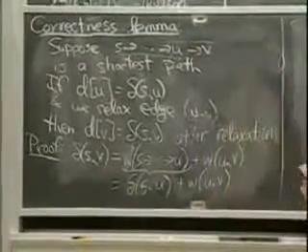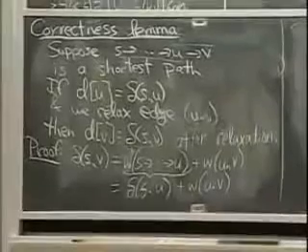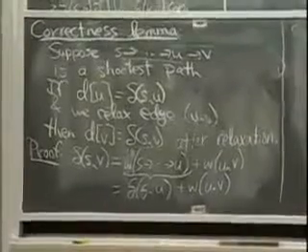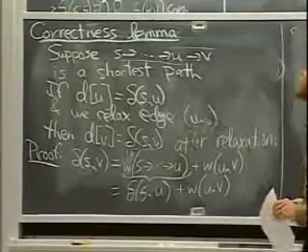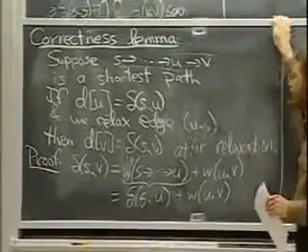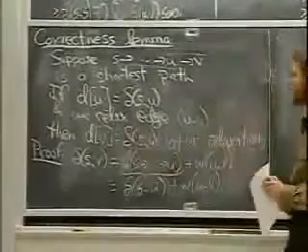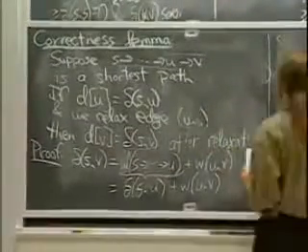Cool. We'll hold on to that for now. On the other hand, we know from this lemma that no matter what we do, d of v is greater than or equal to delta of s comma v. So let's write that down.